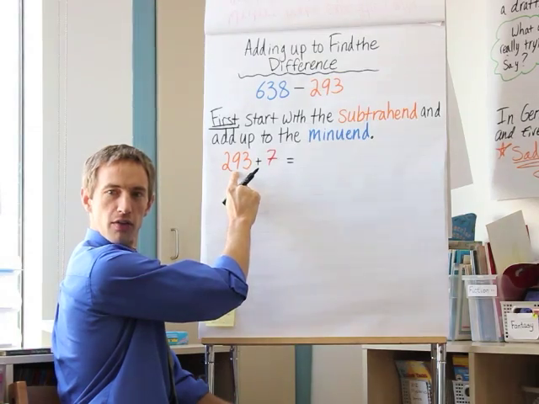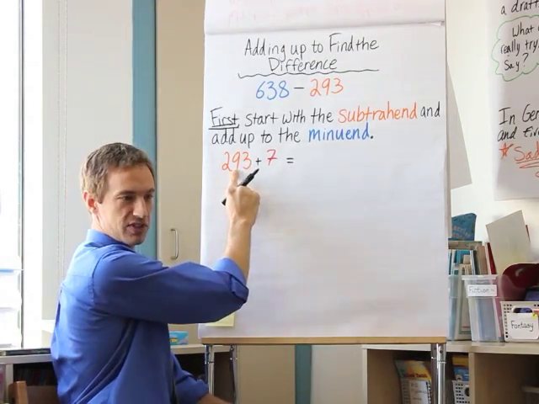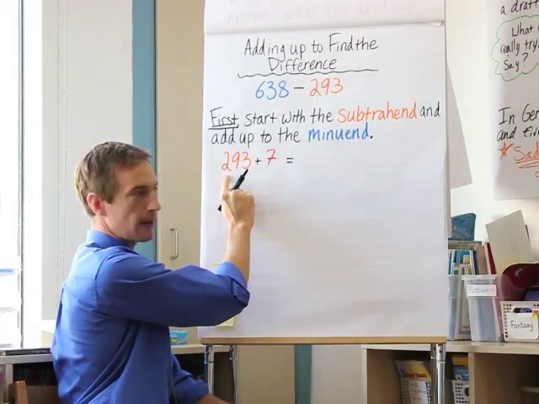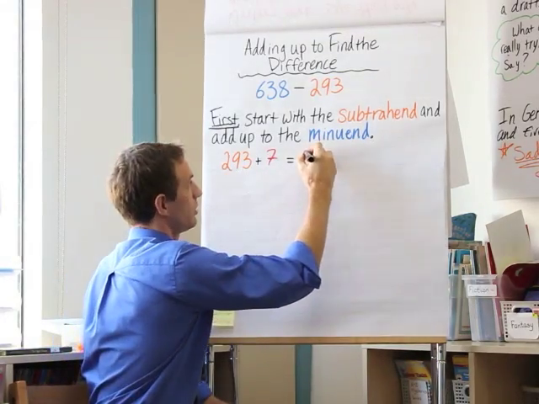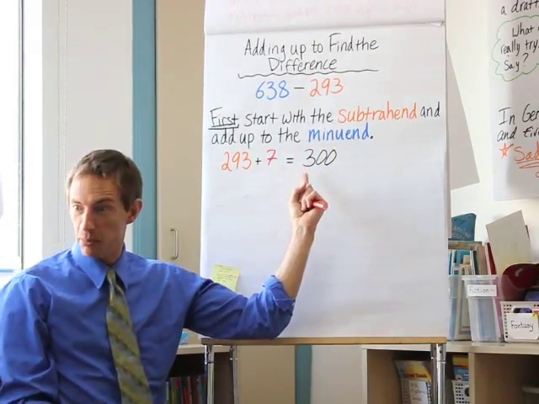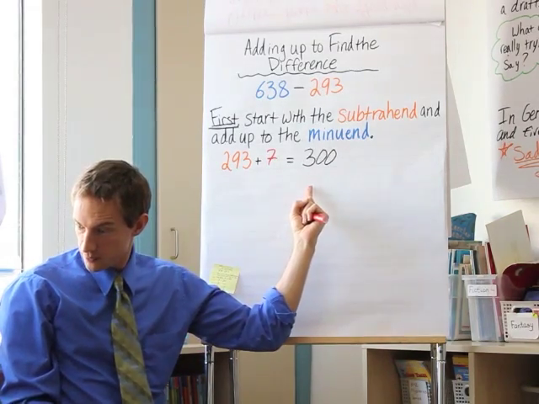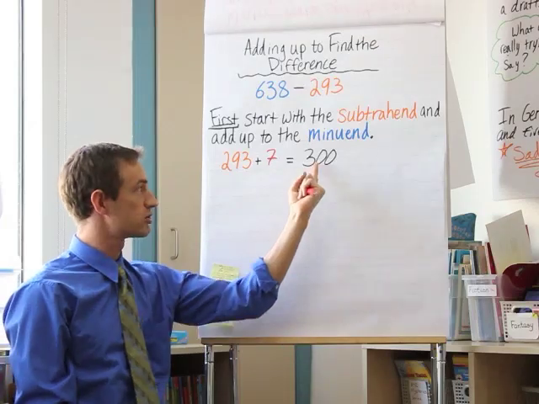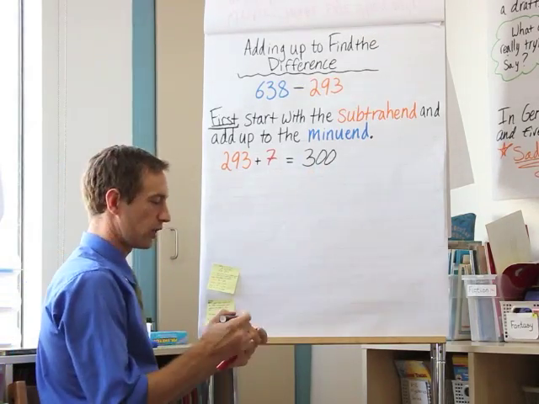Oh! So 90 plus 10 actually equals 100. I've got a really nice round number now. Is that a really nice round number? 300? Yes. Look, 2 round zeros.